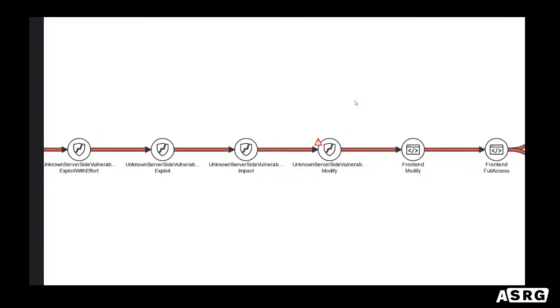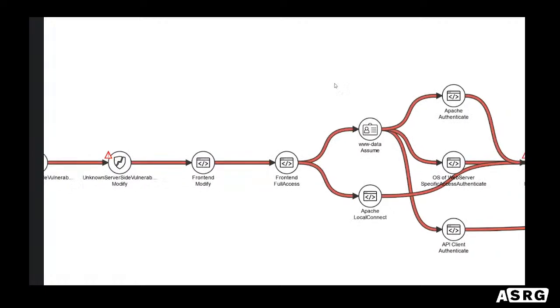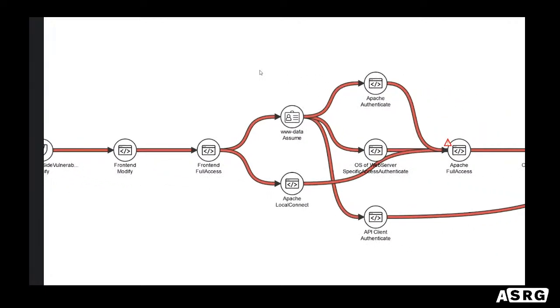And if we continue, we see that if you manage to gain access to the first application, you will be able to make contact with other applications. In this case, of the web application being run by a web server, you will be able to contact the local web server.